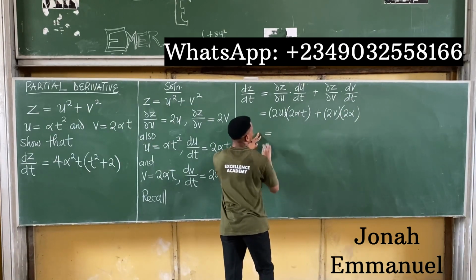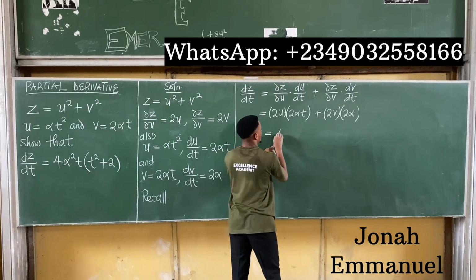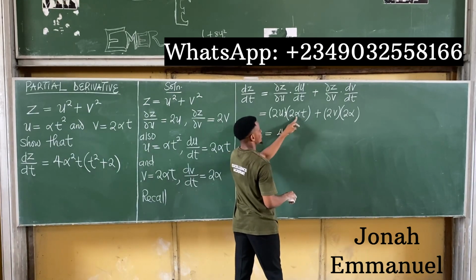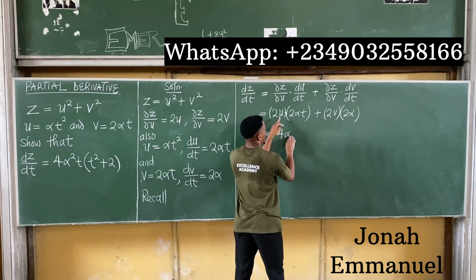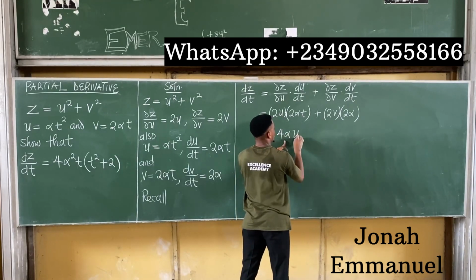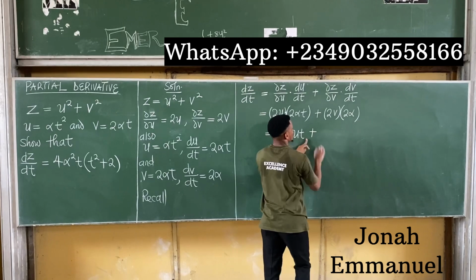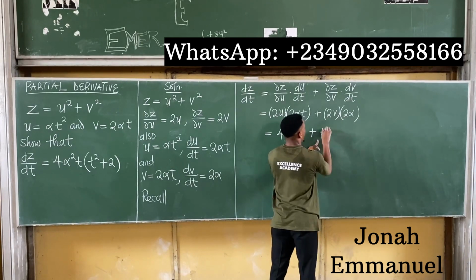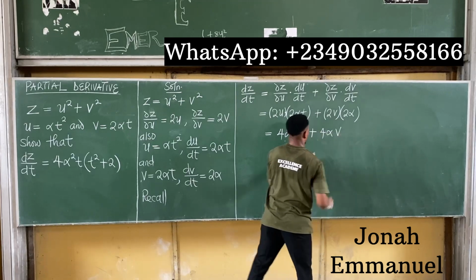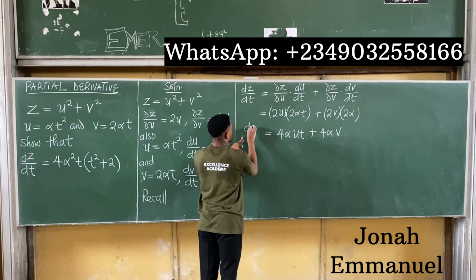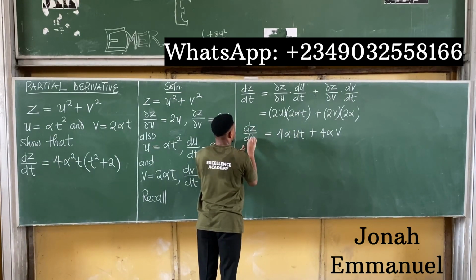All right, put in values. 2 times 2 is 4. Remember that we said that alpha is a constant, so I'll bring alpha first and then ut, so I have ut plus 2 times 2, 4, alpha is a constant, bring it and then v. So this should be the value of dz all over dt.